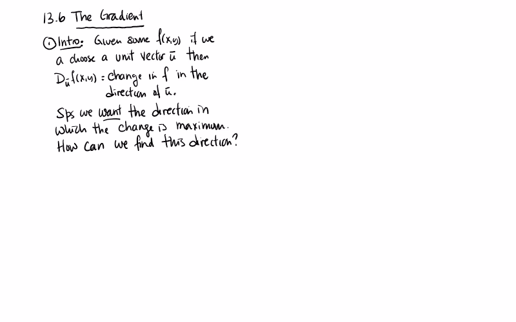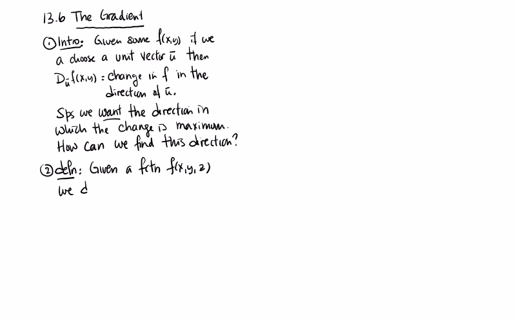And so what I'm going to do is define the gradient, and then prove that the gradient does the things that I claim that it does. So it does a few important things. Given a function, I'll do this in 3 dimensions, but it works equally well in 2.